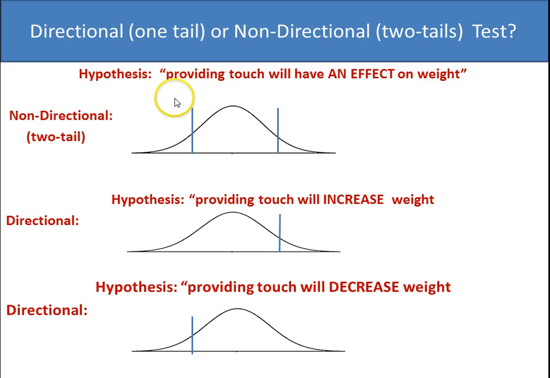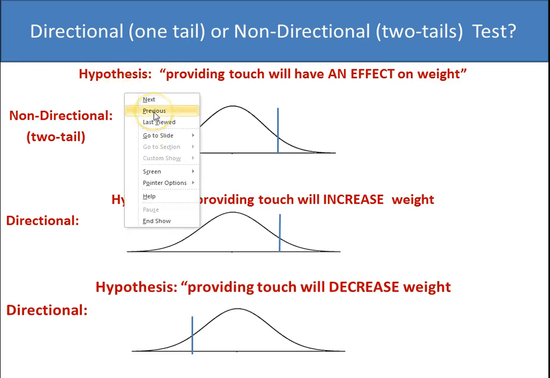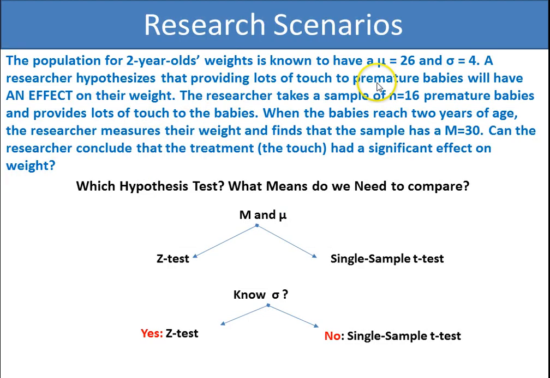And how to figure that out is to be very clear on what our hypothesis is. If we go back to the scenario, you can see that the hypothesis is stated rather clearly, right? It says a researcher hypothesizes that providing lots of touch to premature babies will have an effect on their weight.